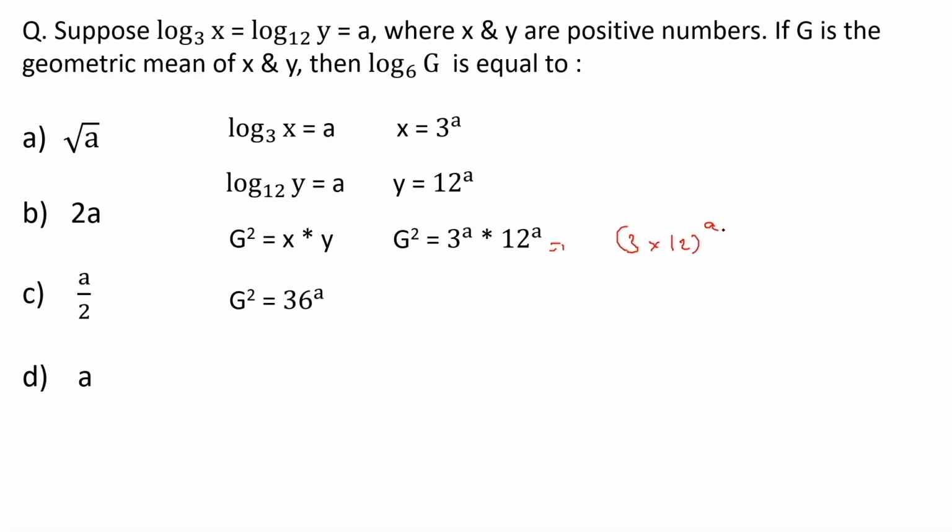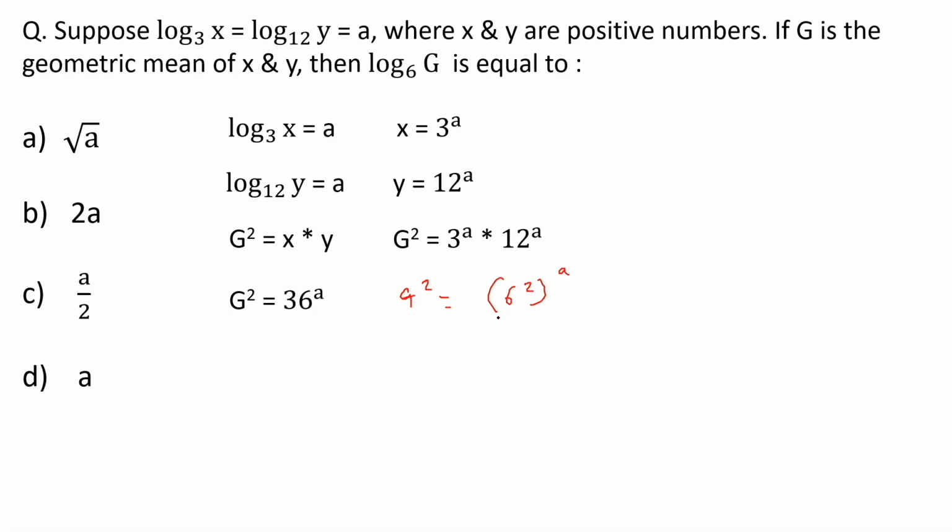So 3 12 is 36, so g square is 36 to the power a in this case. So if g square is 36 to the power a, हम लोग क्या बोल सकते हैं, g square is equal to 6 square the whole raised to a.